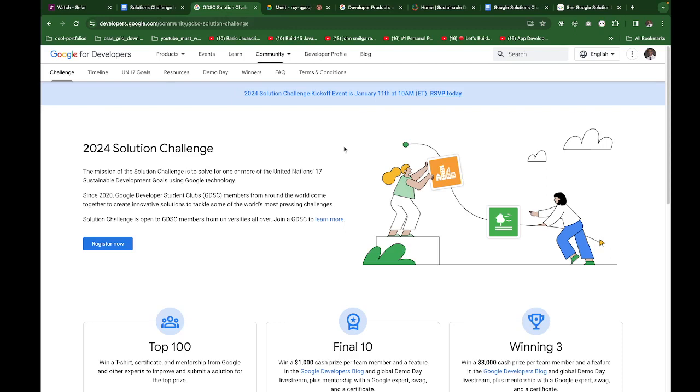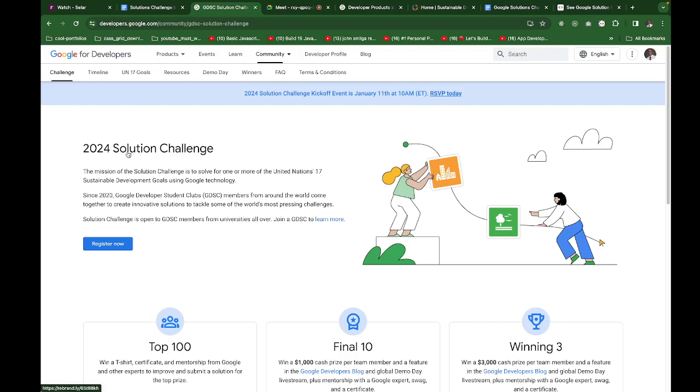This particular guide has all of the guidelines that you need to know to prepare for this. The Solution Challenge started in 2019, and this is the fifth year, 2024.